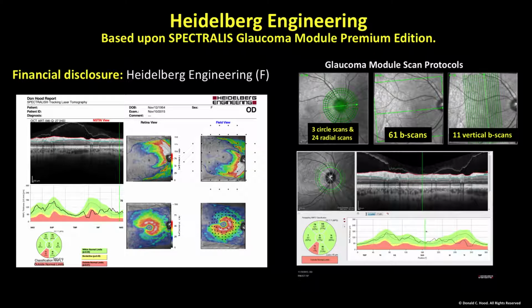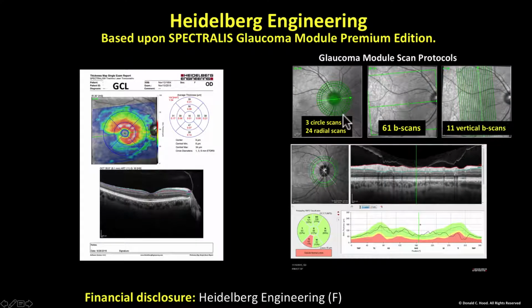And from a subset of these protocols, we're creating this version of our report. So the actual protocol gives you 11 vertical B scans, it gives you 61 horizontal B scans, and it gives you both radial and circle scans. So this is what we're going to use to create a report similar to our lab report.